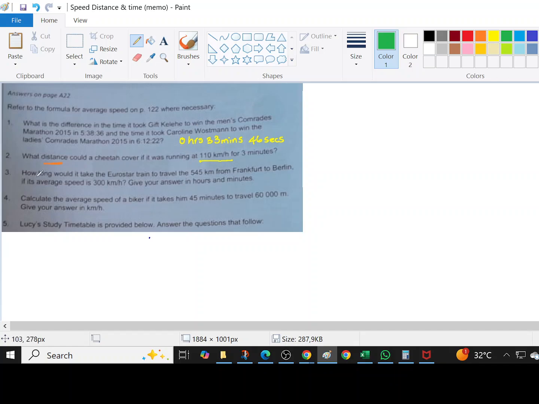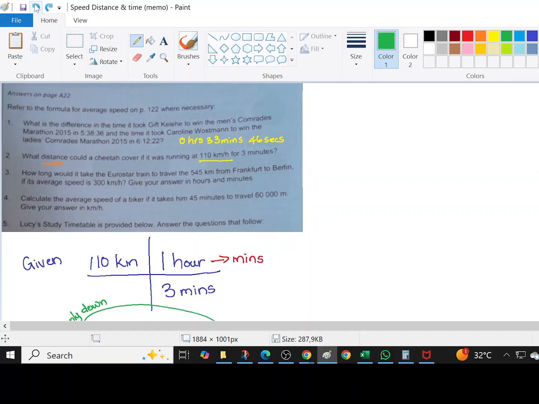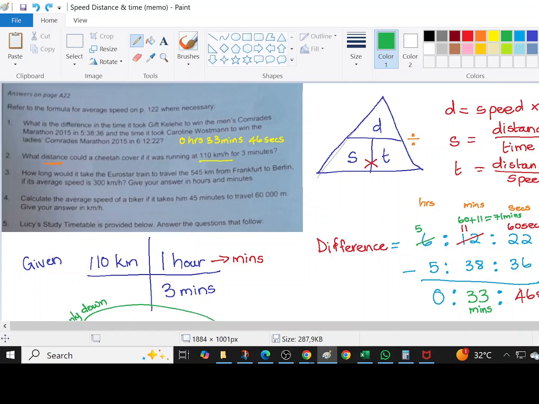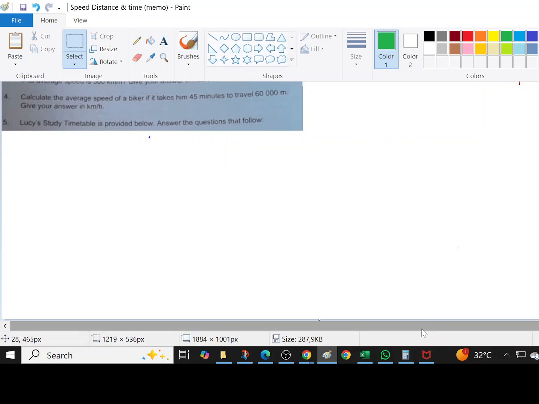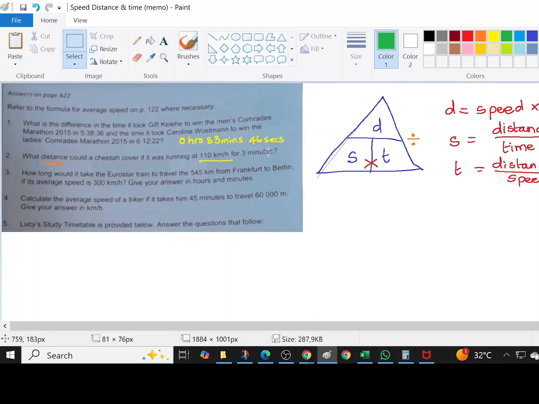Question is, how long would it take the Eurostar train to travel 5, oh, you know what? Let me just undo quickly. We took away our formulas. I don't want to take away the formulas and I must rewrite it. Leave that there. So let's get started again. How long will it take the Eurostar?